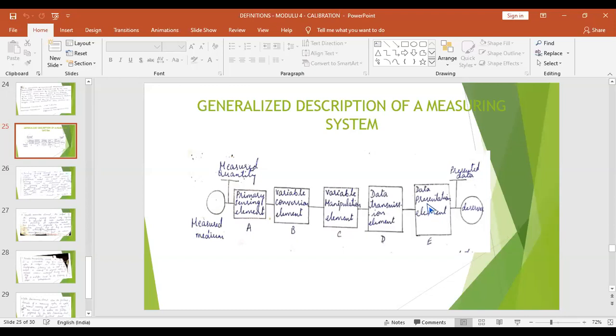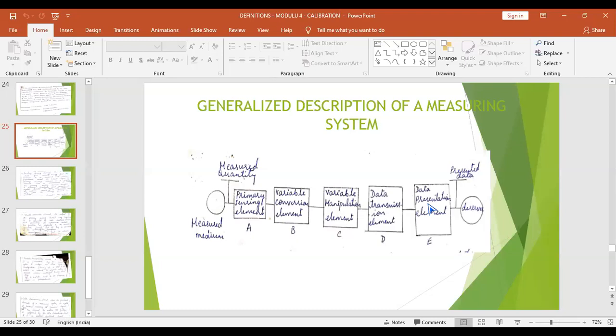Due to the load, there will be a change in the resistance. That change in resistance is measured in terms of millivolts. Those millivolts are converted into an analogous signal in the primary sensing element.